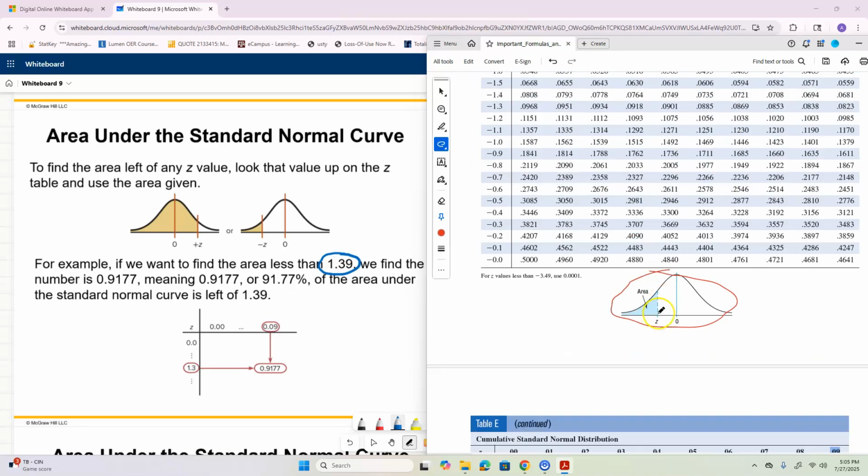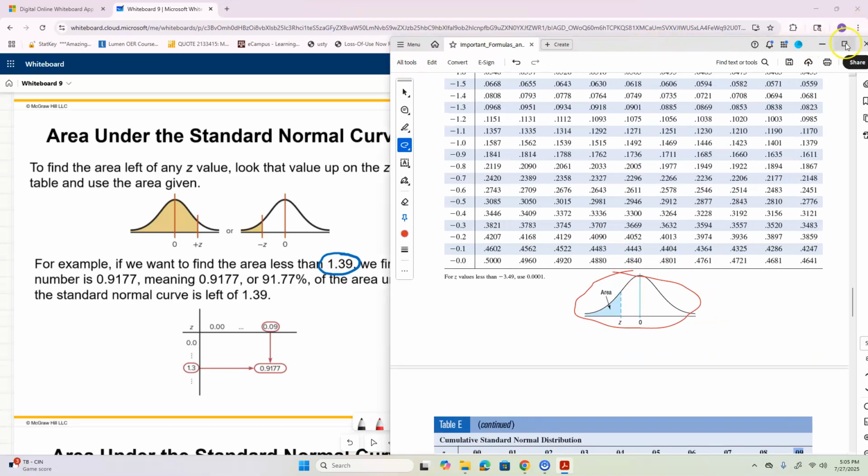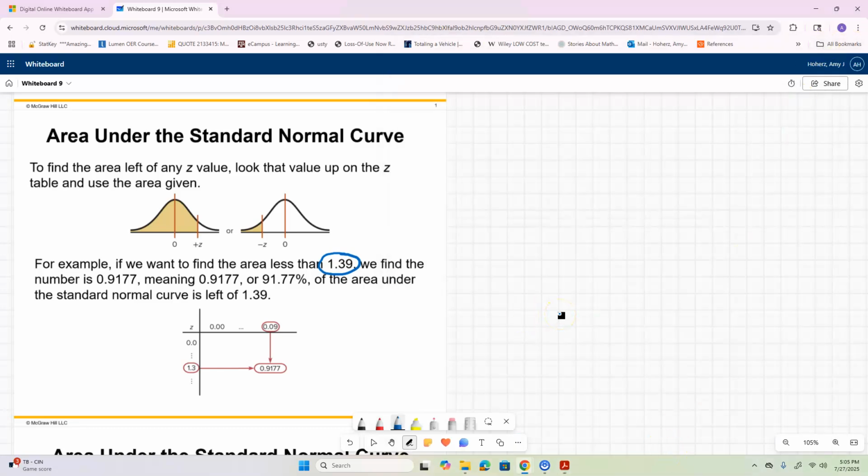And let me make this picture for this particular problem. Let's do a visual for this. So what they're saying is, if you had a Z-score that after you calculated it, so you did your Z equals X minus mu over sigma, whatever those values were, and when you got done with that, you got 1.39.